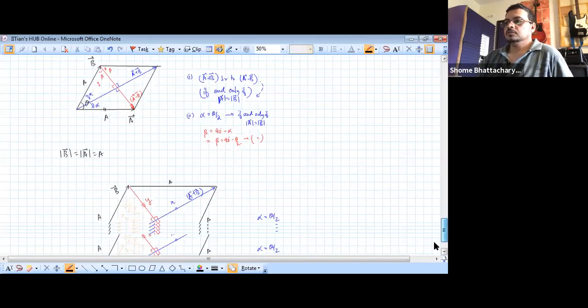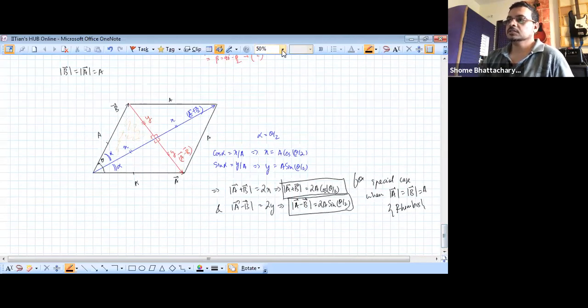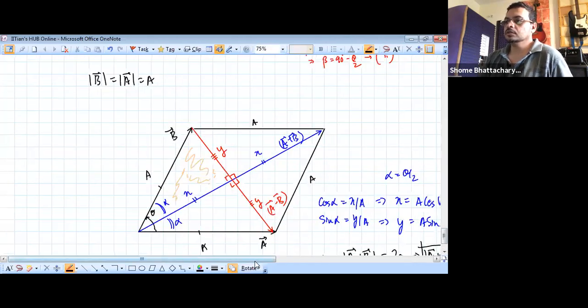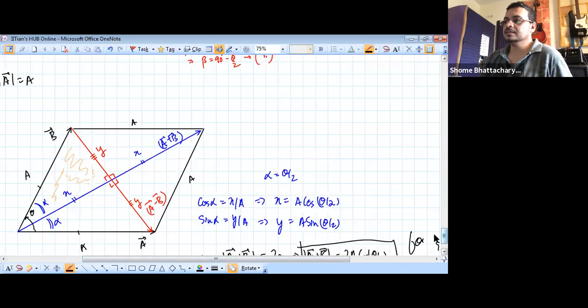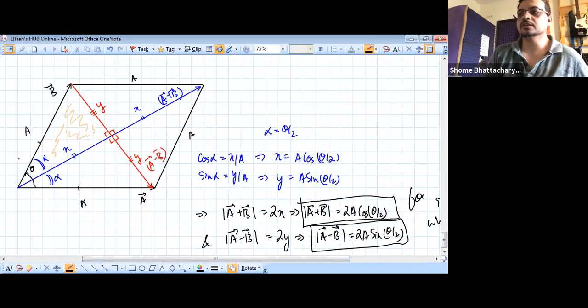Right? So now this is the part which is a little complicated, because first of all you are understanding the angles, that alpha is theta by 2 and all that. And therefore, you have the four congruent right angle triangles. And then you're finally applying trigonometry to any one of these four triangles.